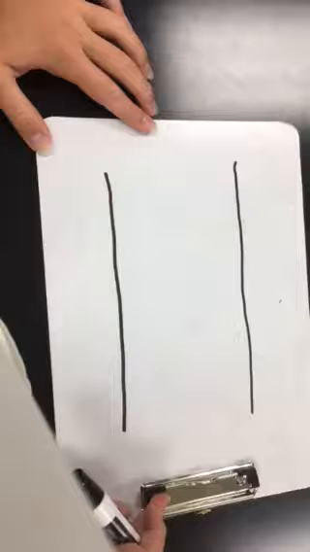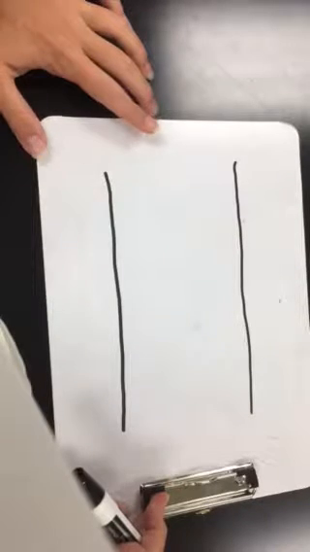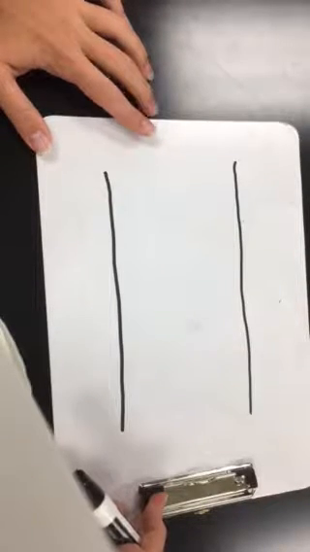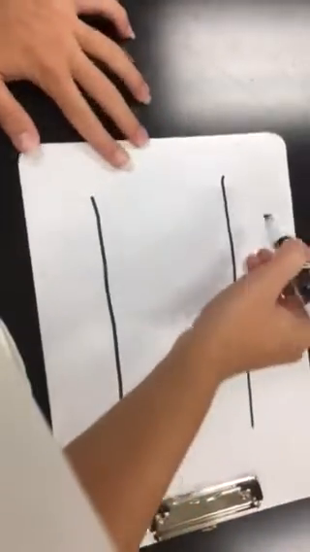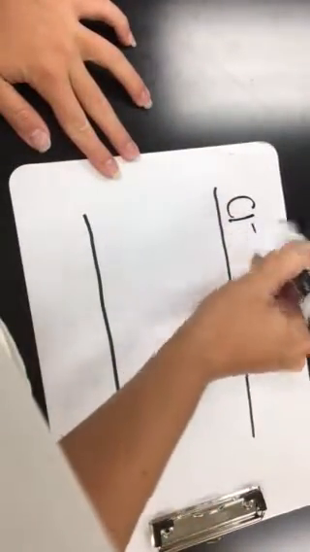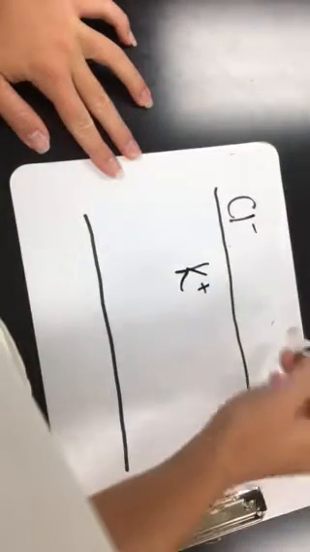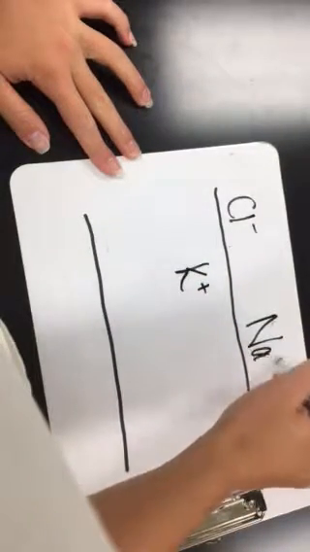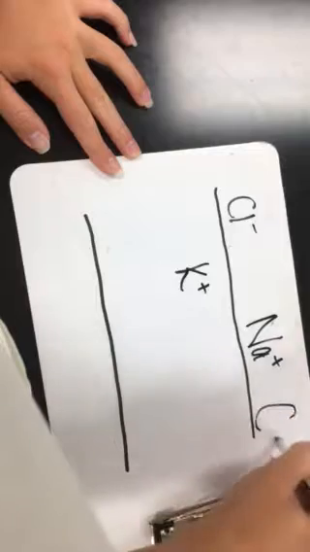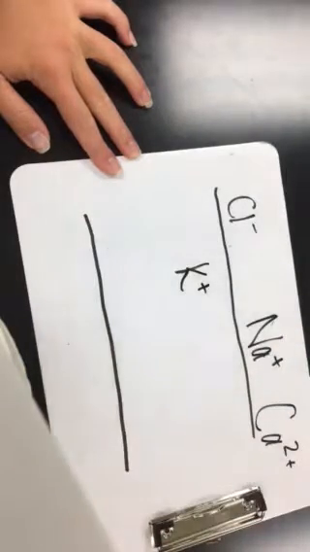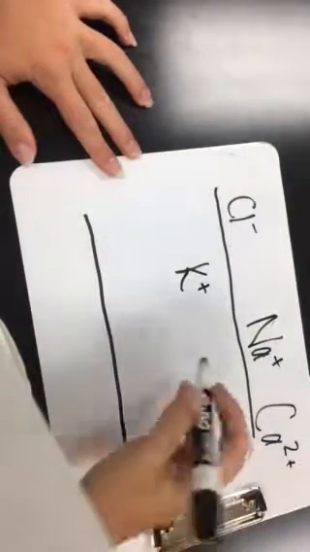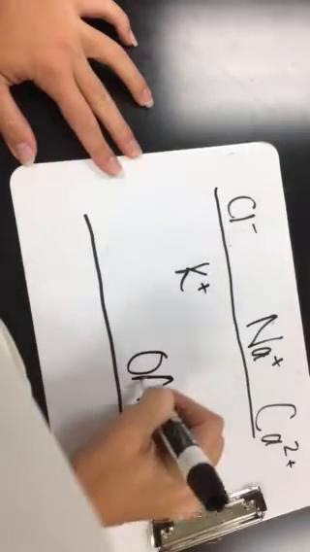And what I'm going to start by doing is drawing some of the ions that we talk about most with resting membrane potential. So first I'm going to draw chloride, and then a little bit of potassium, some sodium, and some calcium, and also some miscellaneous organic anions, which also sit in the middle here.